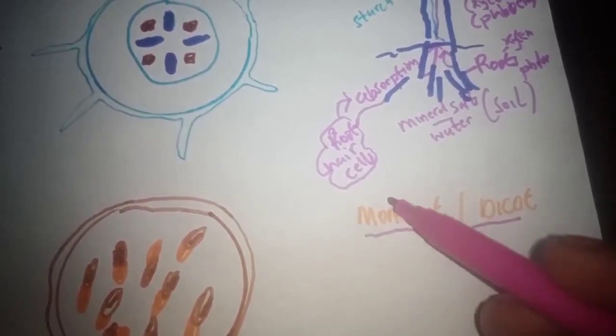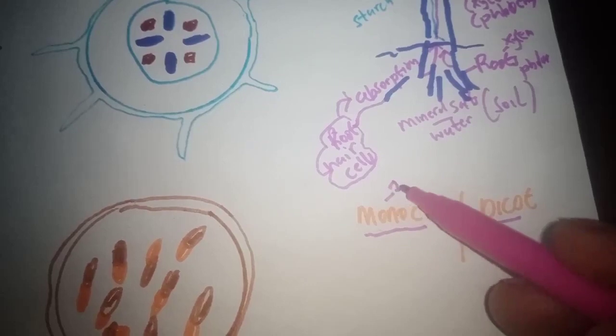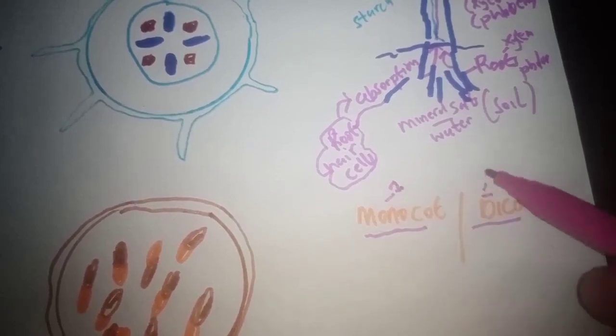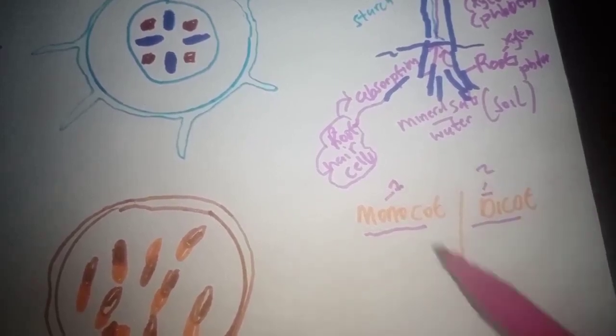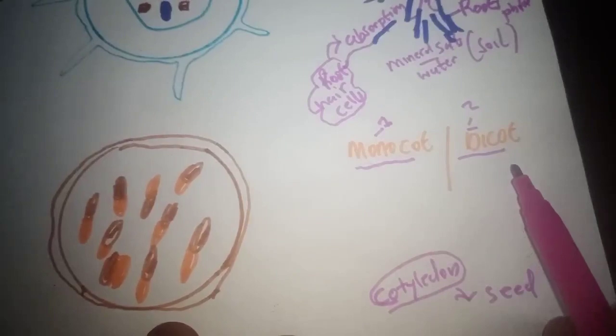Mono simply means one, di simply means two. The word cot comes from the word cotyledon, which is found in a plant's seed. Some plants have one cotyledon, others have two cotyledons. That's where the terms dicot and monocot come from.